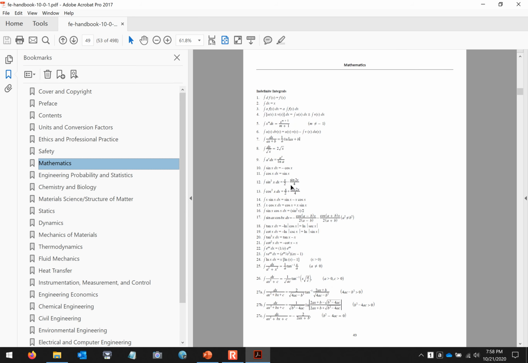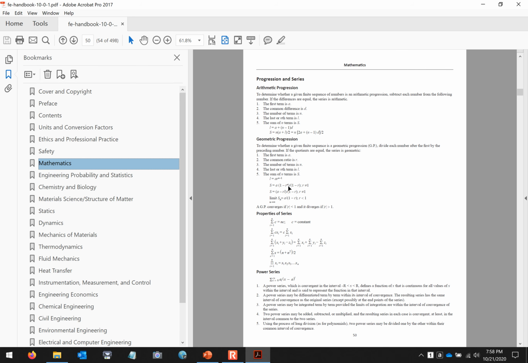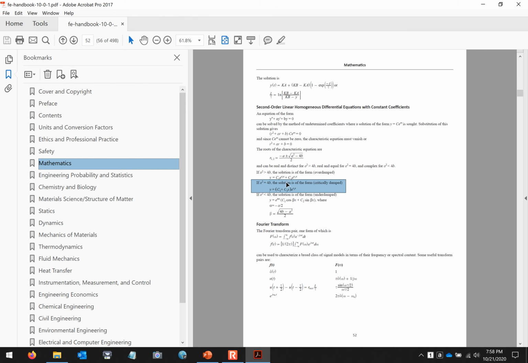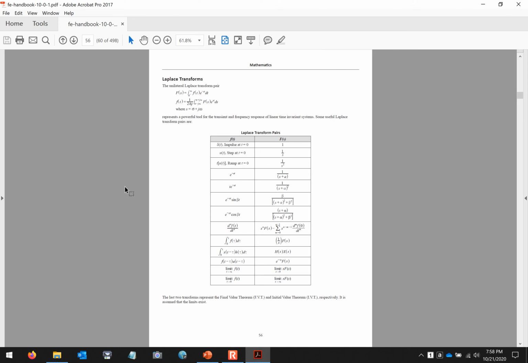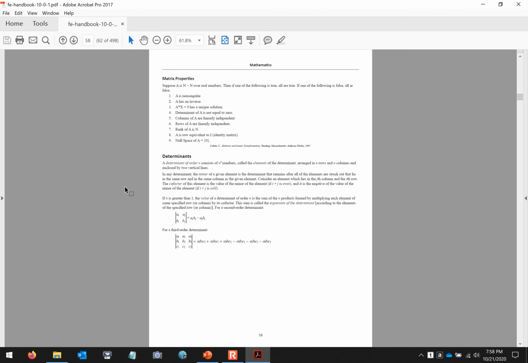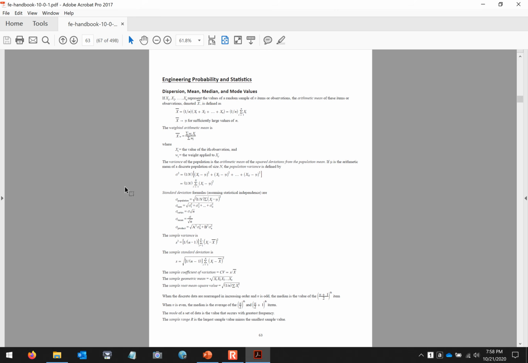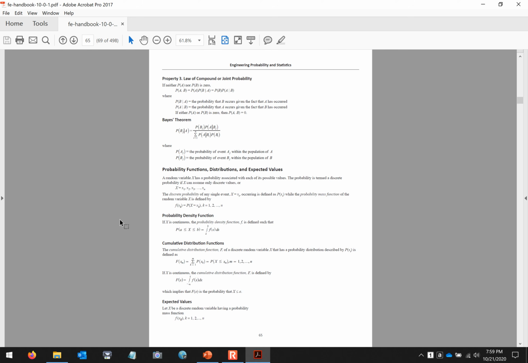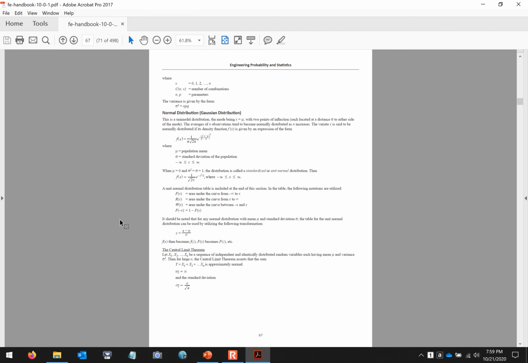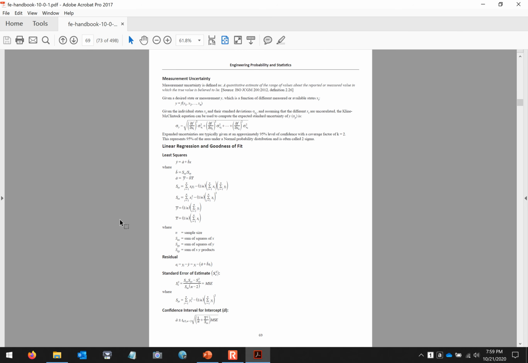I don't have my keyboard connected to my Surface, or I would just Control F. Okay, we're getting warmer here. We've got statistics. So you can see the standard deviation formula that we used a little bit ago. Linear regression. That's what we're after.